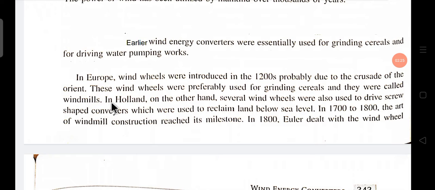In Holland, on the other hand, several wind wheels were also used to drive screw-shaped conveyors, which were used to reclaim land below sea level. Then in 1700 to 1800, the art of windmill construction reached its milestone.